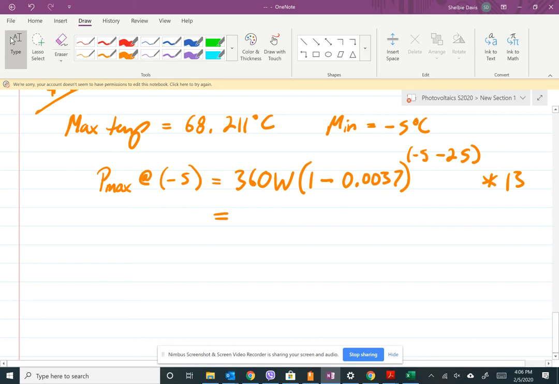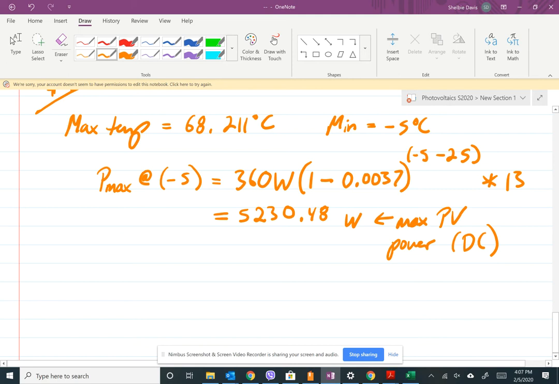Without the 13. Oh, times, okay, multiply by 13. 5,230. Yeah, so 5,230 and half of a watt, really, but you get rounded pretty easily. So this is the max PV power DC. So max PV power output in DC.